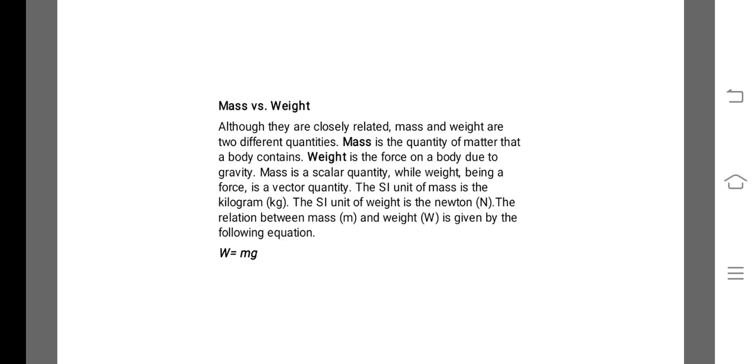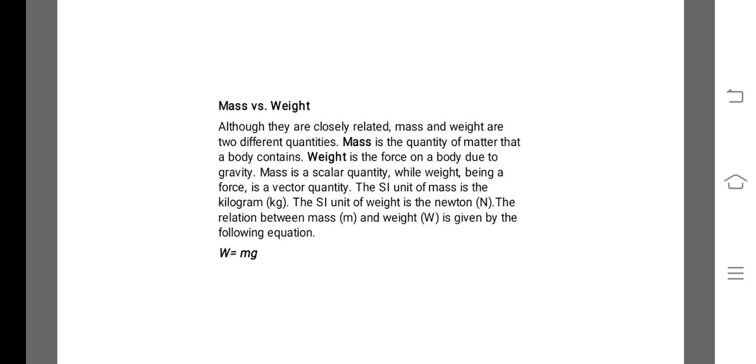Okay? So, if you're going to look for weight, we can solve that one with the equation W equals mg. So, W is weight, m is the mass, and g is the gravity. And the gravity on Earth is 9.8 meter per second squared.